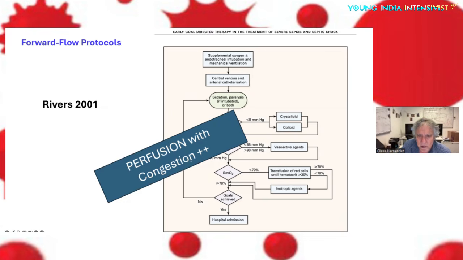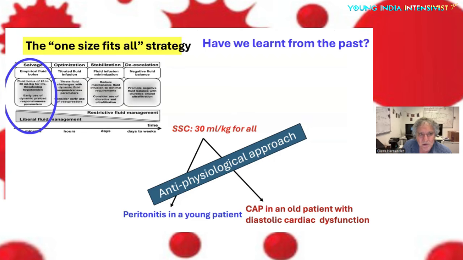So he got perfusion, but with congestion, and this explained the high mortality, although he demonstrated that in the intervention group there was a huge mortality benefit. But this was not an equilibrated protocol. And this is what happens when we do not include physiology in our resuscitation strategies.